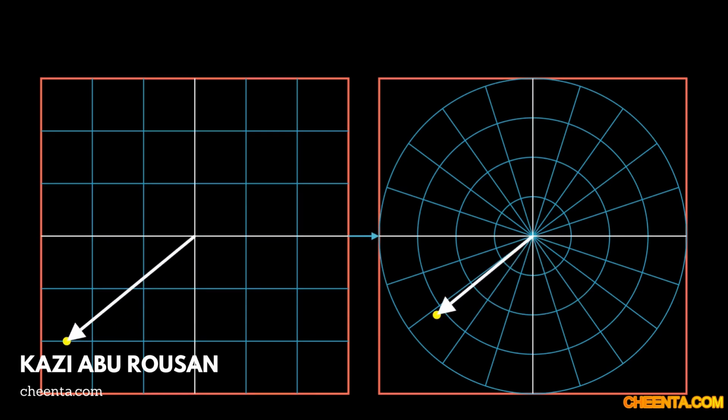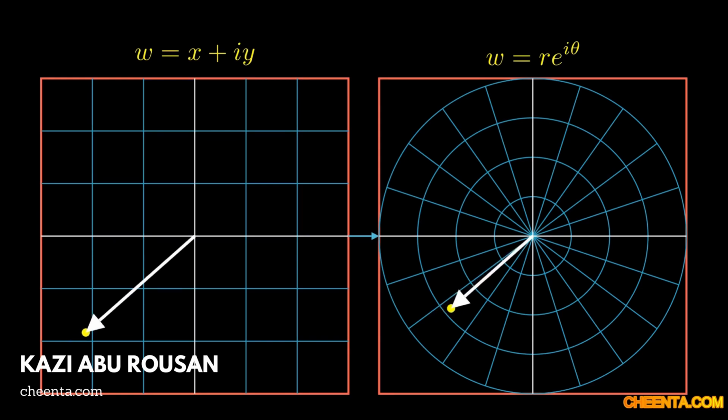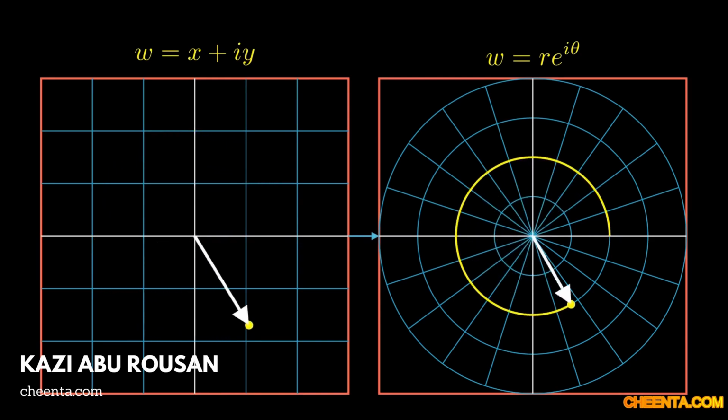So the representations are something like this. In the Cartesian we use x and y, and in the polar we use r and theta, where r is the length of the arrow and theta is the angle between the arrow and the positive x-axis. One important thing should be noticed: if I move the point, after one rotation it completes the whole plane.